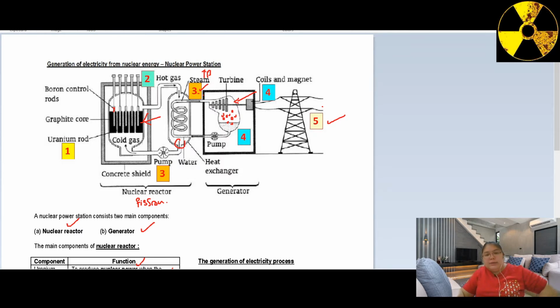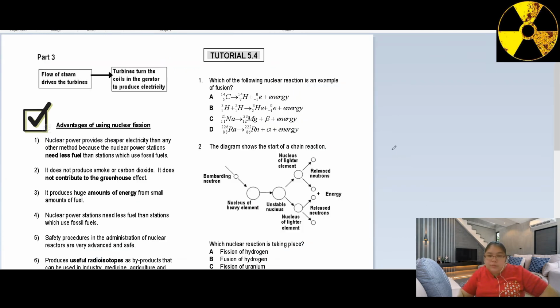Okay, let's see the last one. Number 4. So this one just now is part 3, is it? Part 3, this one is number 5. This one I told you, this is number 5, when they generate electricity.